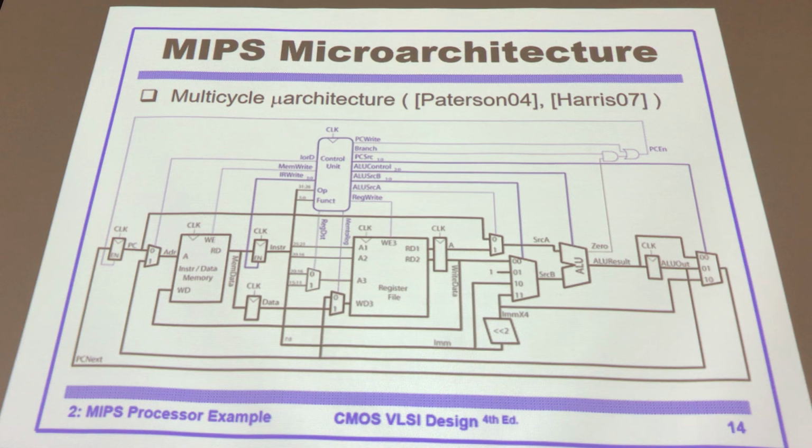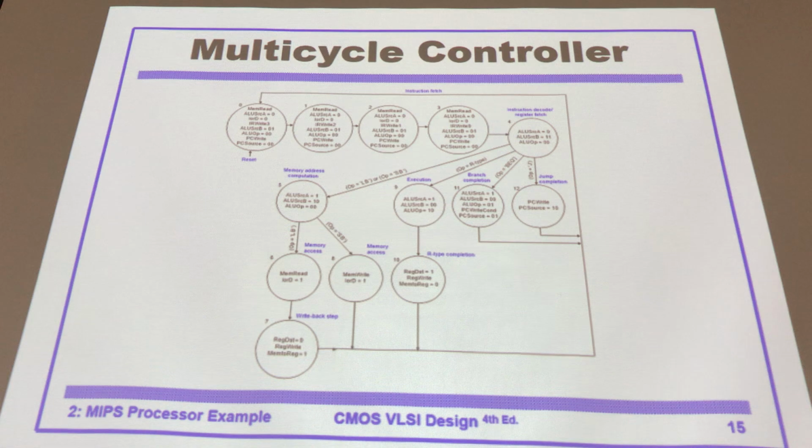And then it's going to generate many control signals to control all the operations of the data path. So in the finite state machine here, each state represents one clock cycle, one state of the CPU. These are the signal values that should be asserted or set to a certain value.